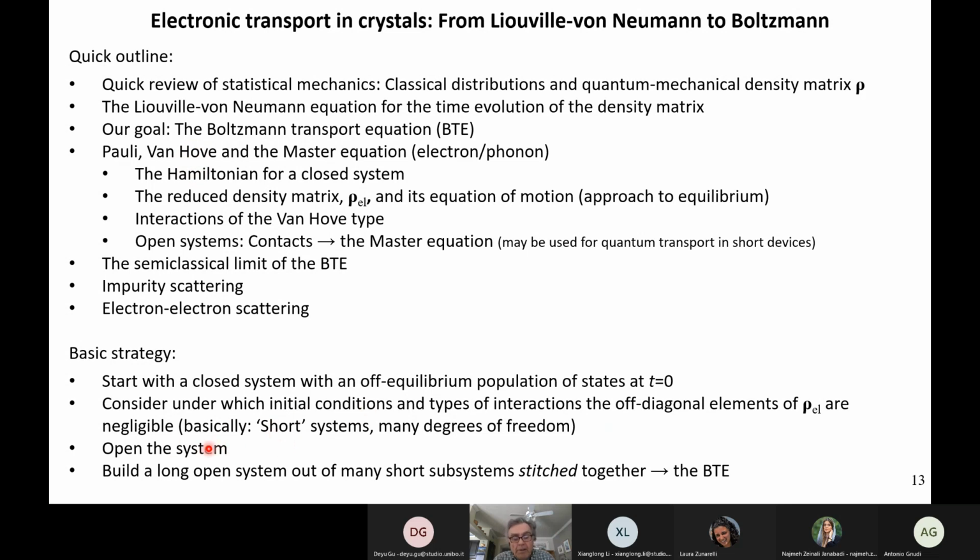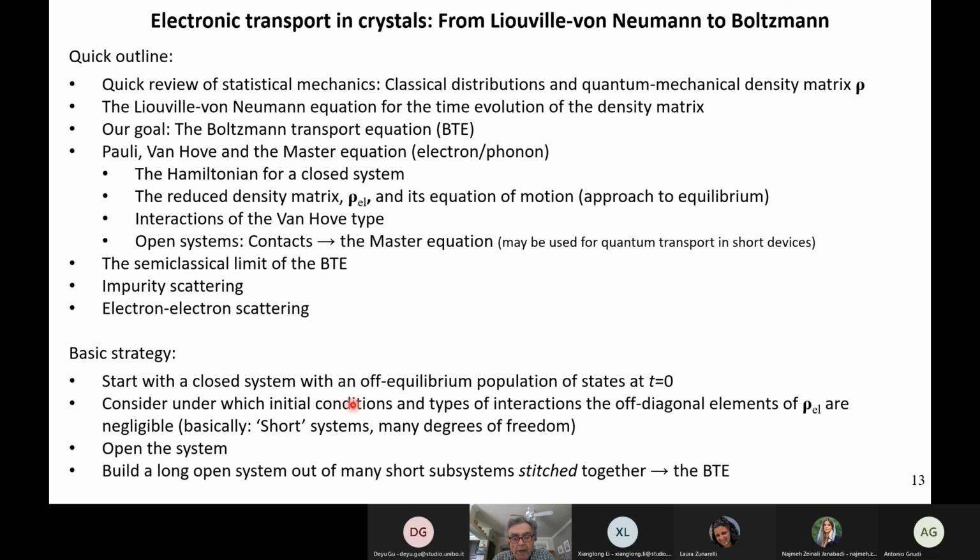Van Hove says no. There are some situations and some conditions in which this is true in general. Having done that, we'll open the system, so we'll use a phenomenological description of what contacts do. They inject and absorb particles in some particular form. And then, having done that, we'll see that this is valid as long as the device, the structure, the system that we're considering, if you're dealing with electronic transport, is small, and we may say short in terms of its dimension along the transport direction. So it's a short system.